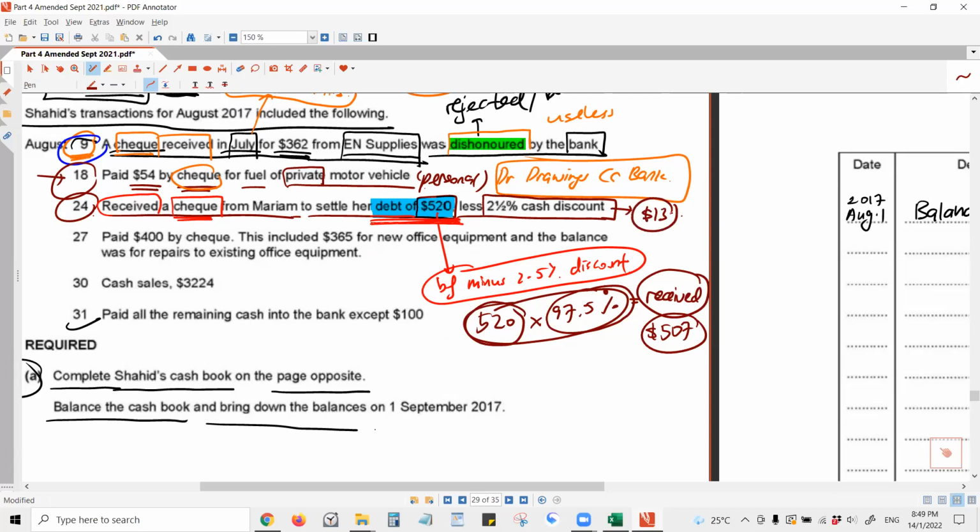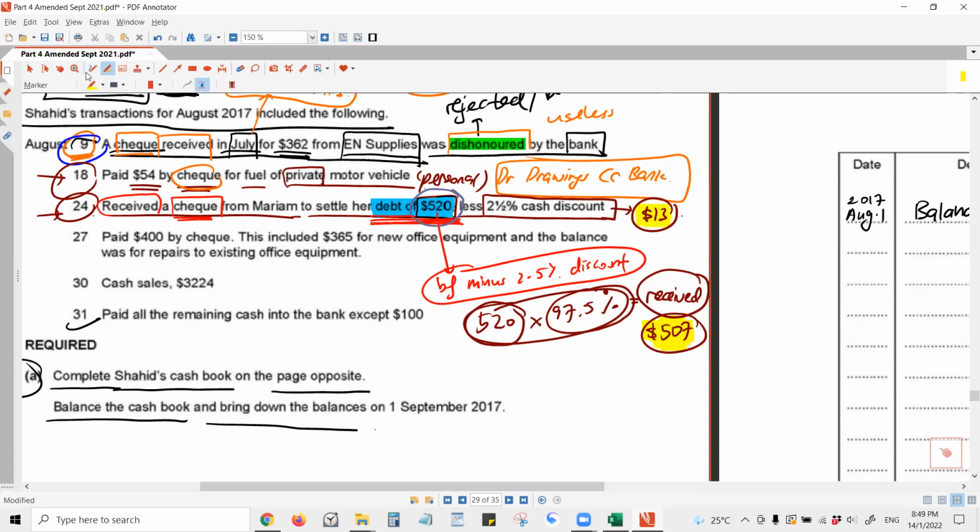Okay, so let me explain to you what is the important thing in this line. The reason I have to find out whether the 520 is before or after minusing discount is because I want to find out how much I have exactly received and how much is the cash discount. I want to find these two amounts in yellow.